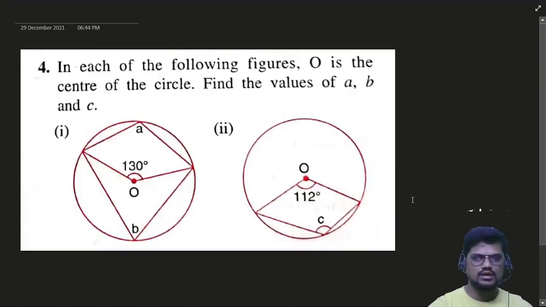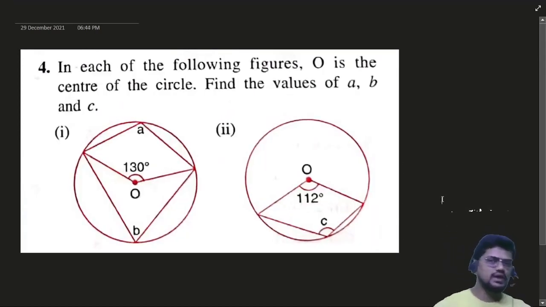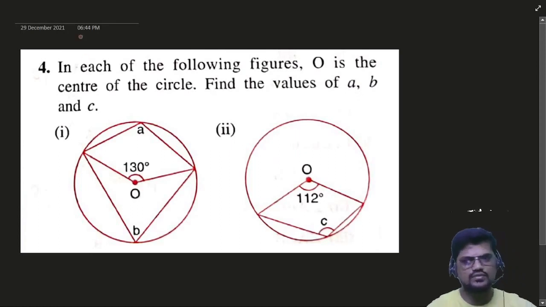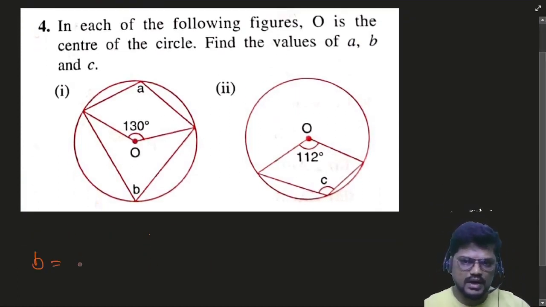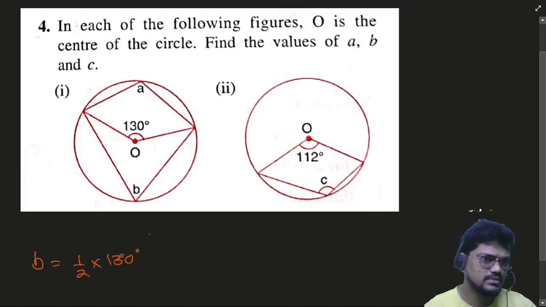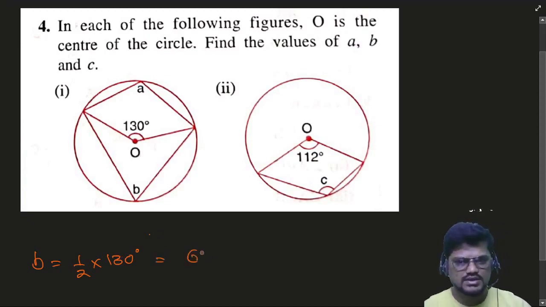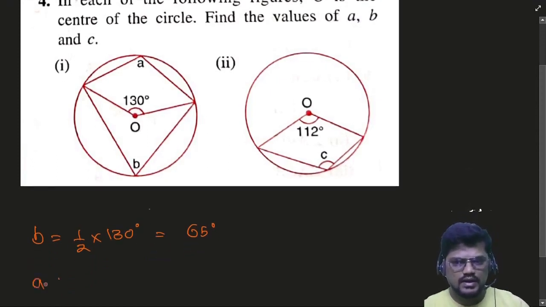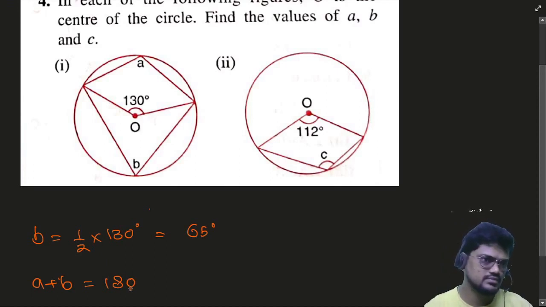Next problem. Now you need to find the values of A, B, and C. How can you find? See, B will be half of 130, yes or no? Because of angle at the arc and angle at the center. So that will be 65 degrees. And we know that angle A plus angle B should be equal to 180, because opposite angles of a cyclic quadrilateral are supplementary, right?